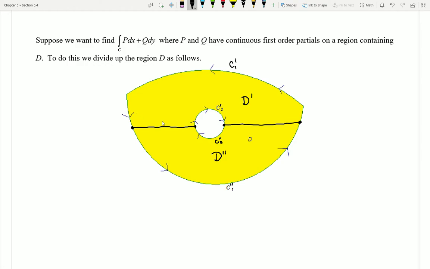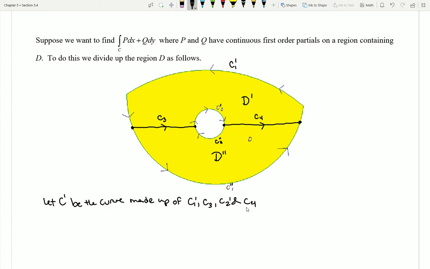Now I'll define this curve over here as C3, and I'll orient it this way, and I'll make this curve over here C4. Once I've added all these different things, a couple of pieces begin to pop up. First I'll say, let C prime be the curve made up of C1 prime, C3, C2 prime, and C4.